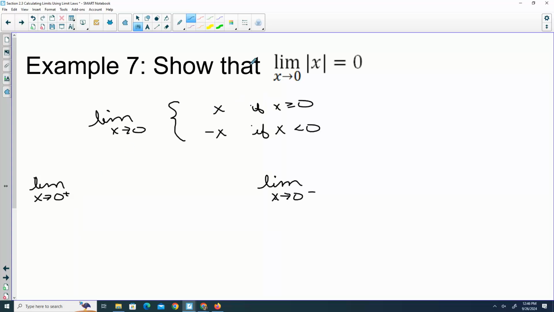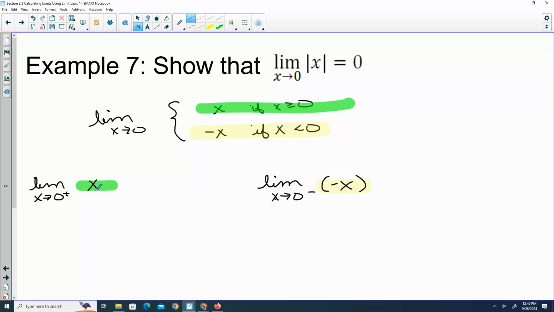So we are doing the positive case. From the right is the greater than 0 case, so our function is just x. When we are approaching from the left, that's less than 0, so that is a negative x case.